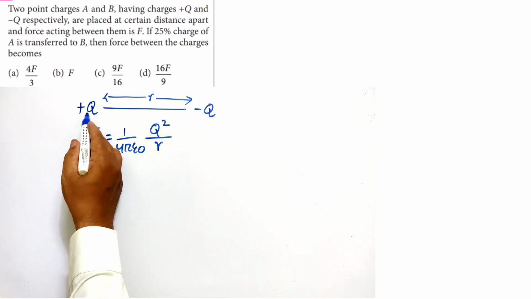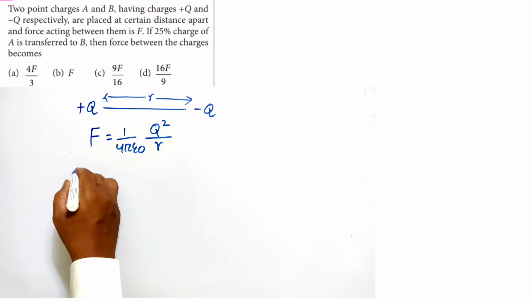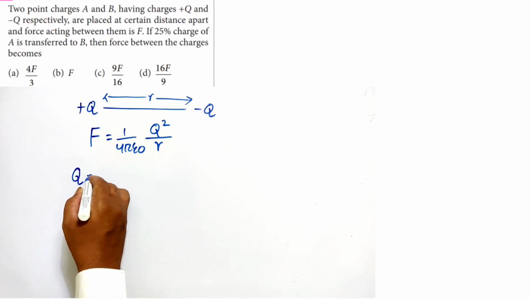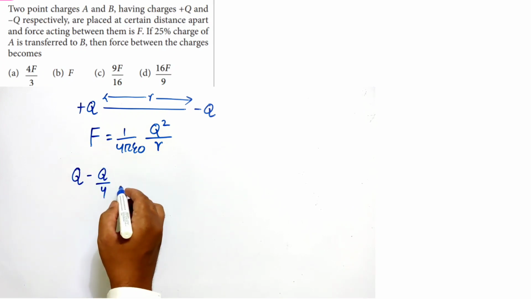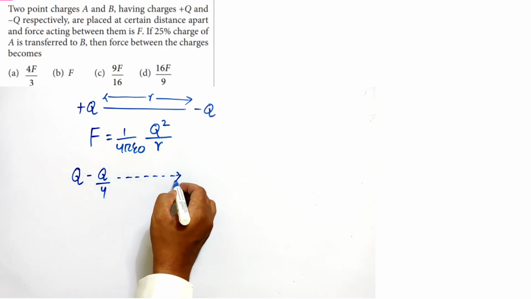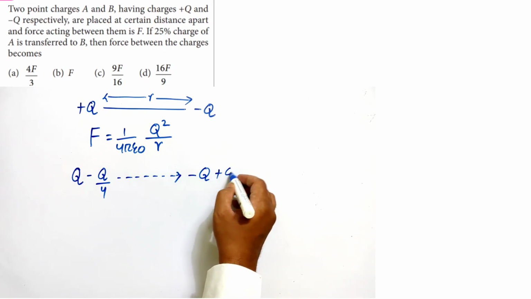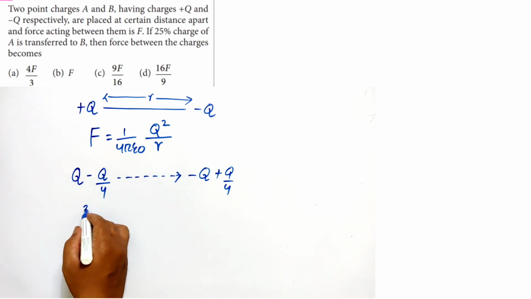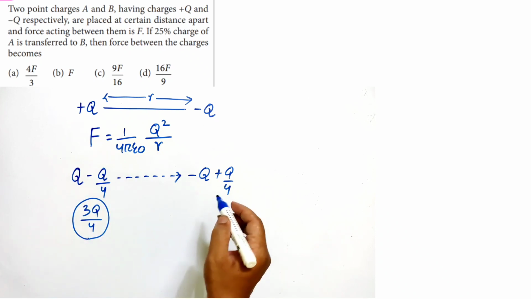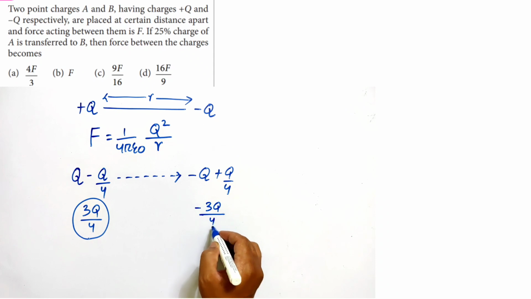So suppose plus Q loses 25% of the charge. 25% means 1/4 of the charge it is going to lose, Q by 4, and this amount of charge is going to be transferred over here. So minus Q plus Q by 4. Here you can find the new charge, it is 3Q by 4. And here the new charge will be minus 3Q by 4.